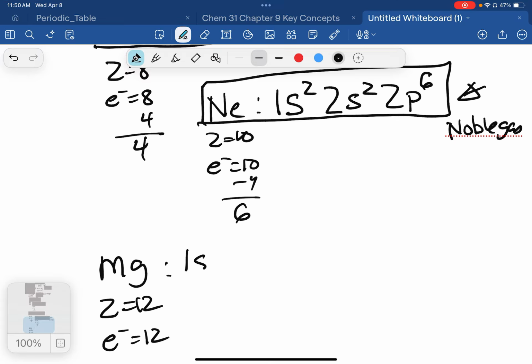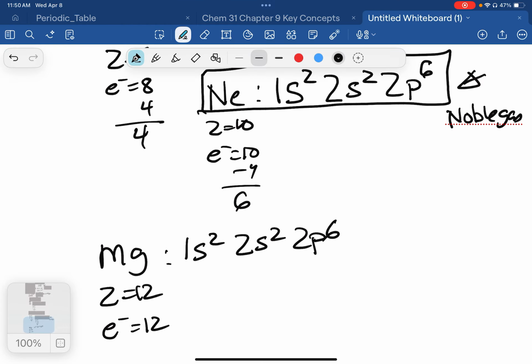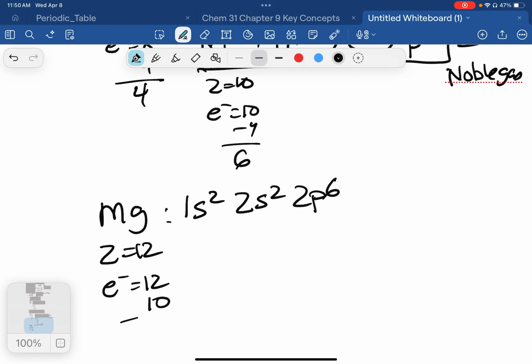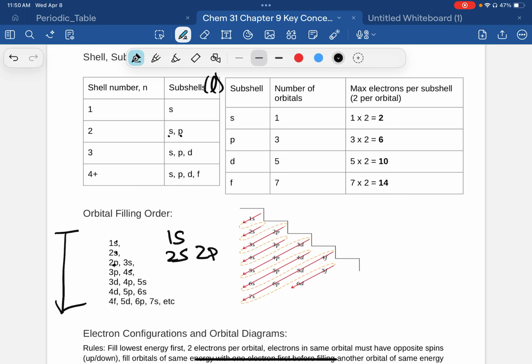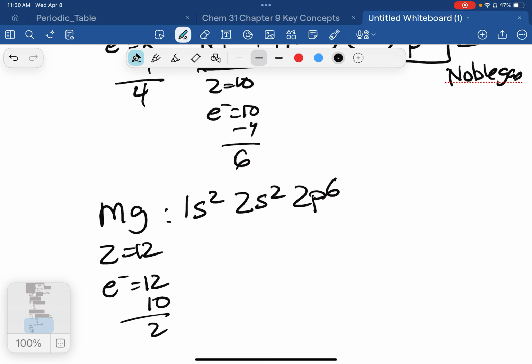We know that 1s2, 2s2, 2p6 gives us 10, so we know the first 10 are going to go there. Then we come back and ask what comes after 2p. What comes after 2p is 3s, so we put 3s down, and we know that s orbitals hold 2 electrons, so we can put them there.